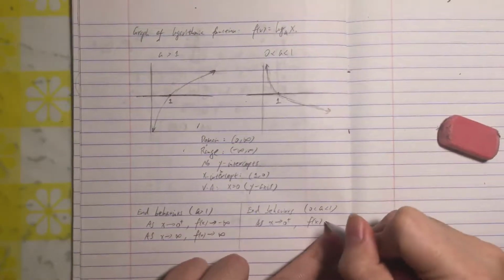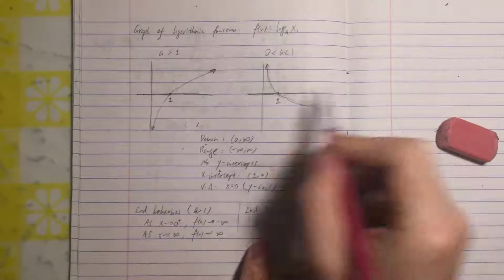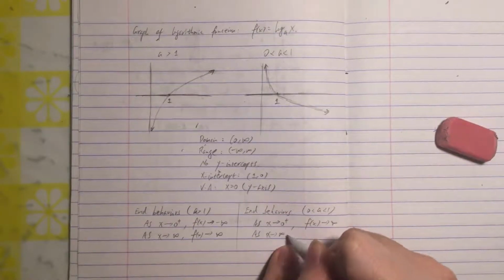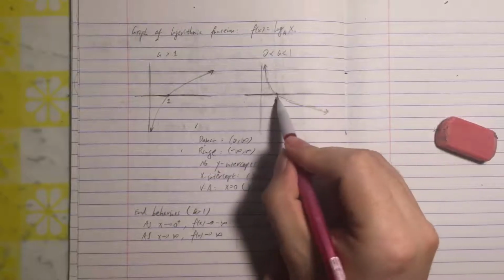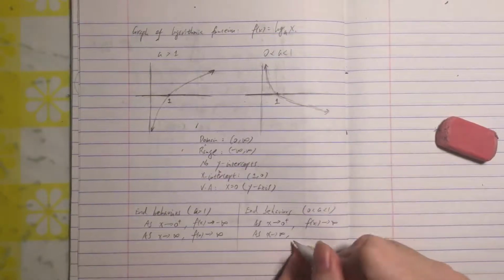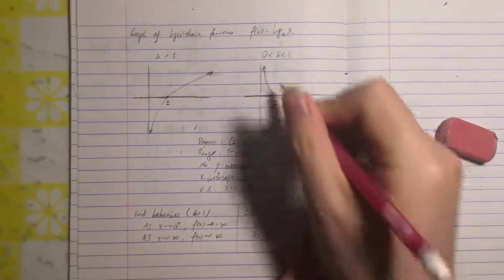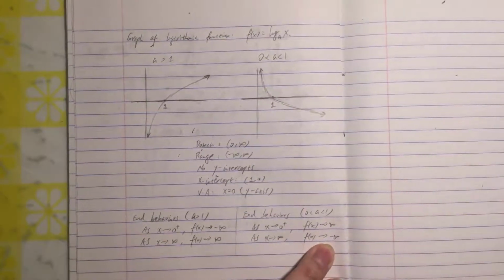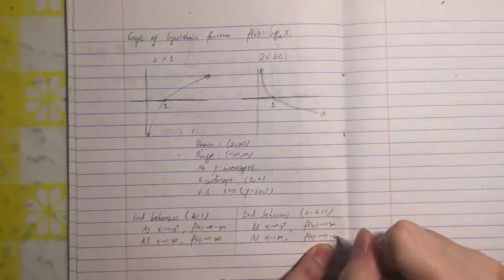So f of x approaches infinity. On the right side, as x approaches infinity, f of x goes all the way down. So f of x approaches negative infinity. That's the end behavior of the logarithmic function.